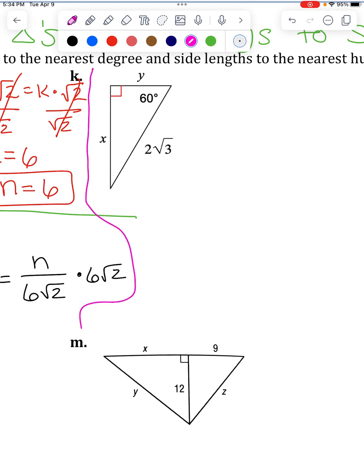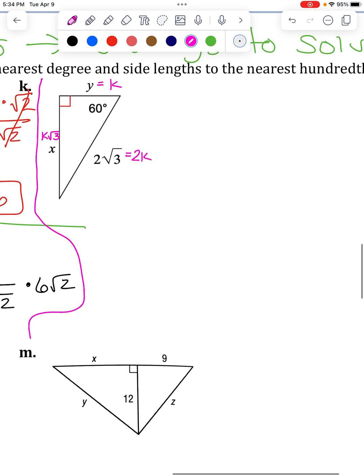Solving this one is a 30, 60, 90 triangle. If I'd done special rights, this would have been k, this would have been 2k, and this would have been k times the square root of 3. This is the one I can solve. 2 square roots of 3 is equal to 2k.